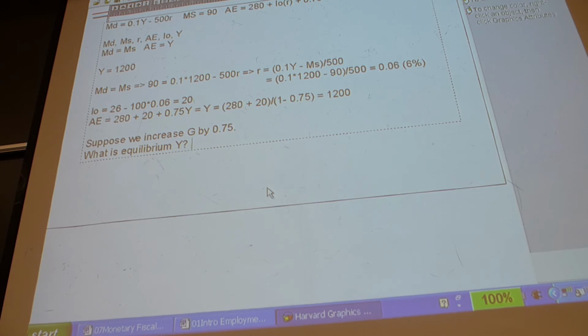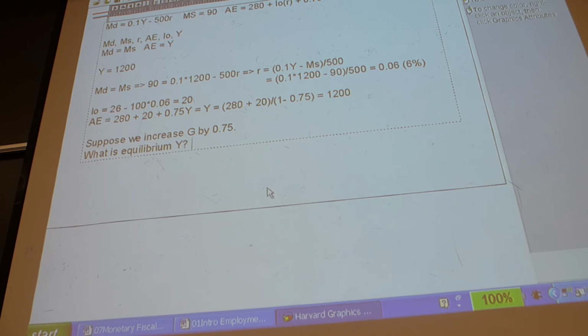One of the things in this course I want you to do is use your diagrams to illuminate your equations, and use your equations to illuminate your diagrams. Ultimately, when you go for a job interview and sit down with investment bankers, they're going to ask you questions. You might not know the answer. Just sit down and start drawing diagrams. They might say, what do you think is the effect of this and that?